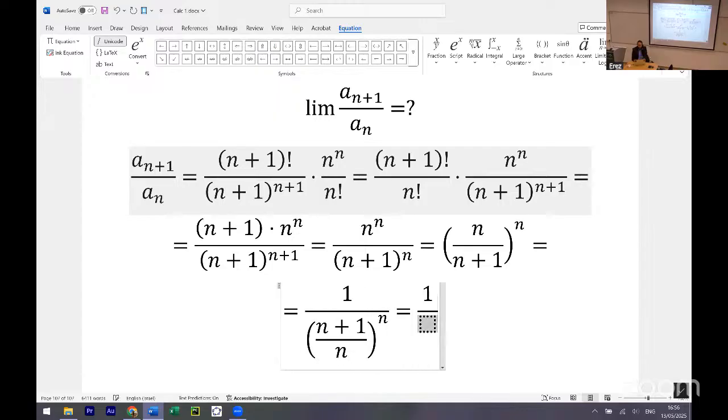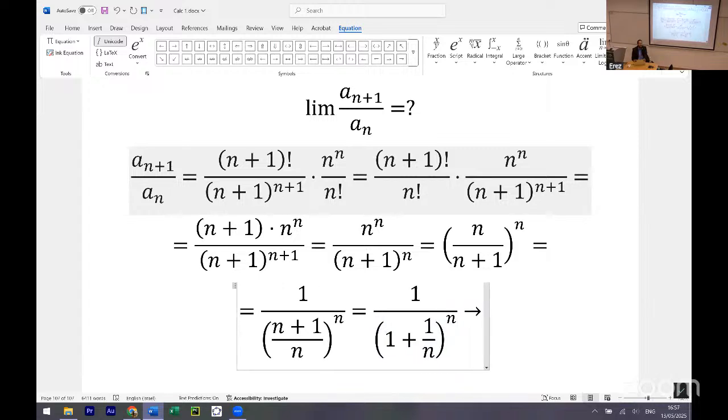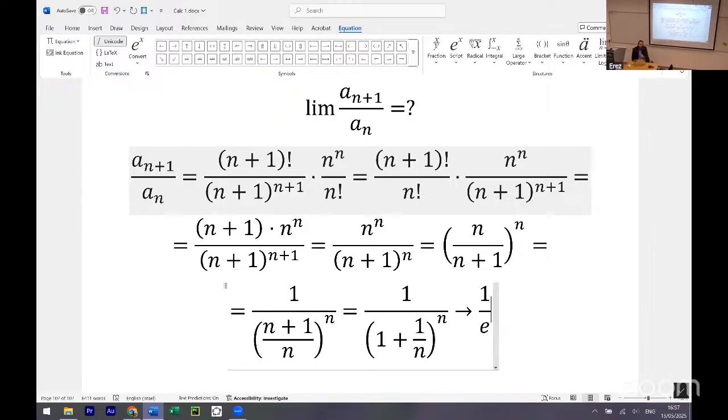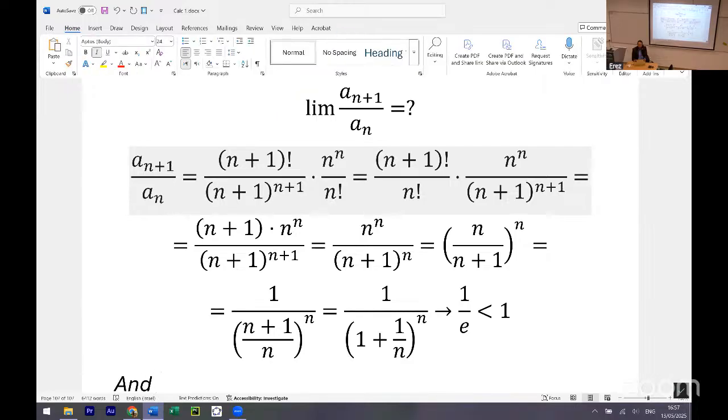See why I didn't want the limit coming with me? 1 over (1 plus 1 over n) to the n. And finally, what is the limit of that expression? 1 over e. And what can we say about it? Less than 1. And the series converges.